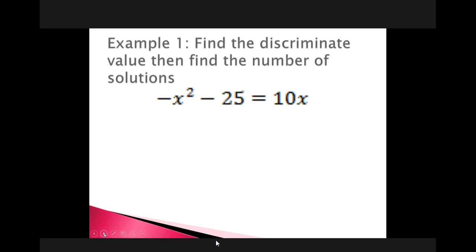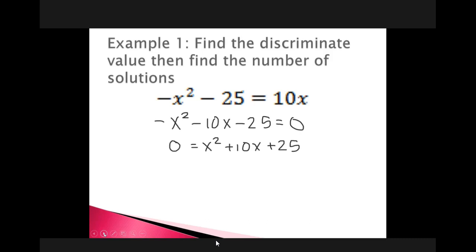You could say negative x squared minus 10x minus 25 equals 0. Or you could have moved everything to the other side and said x squared plus 10x plus 25 equals 0. And either way, the value of the discriminant will be the same. It doesn't matter which way you move it.